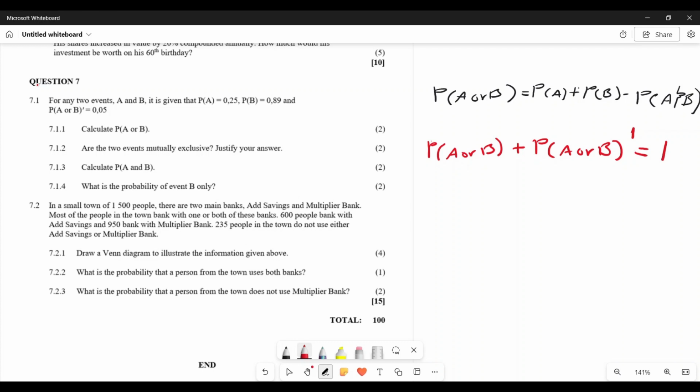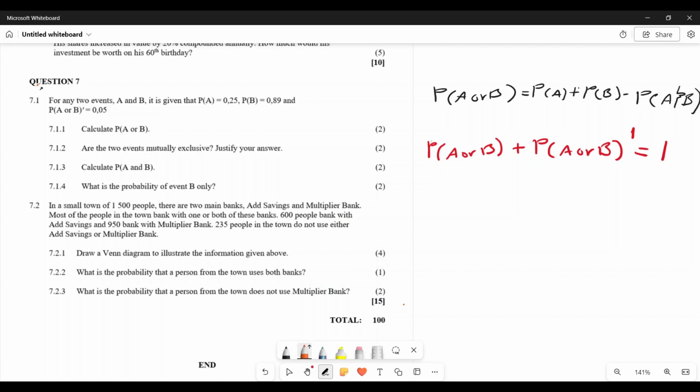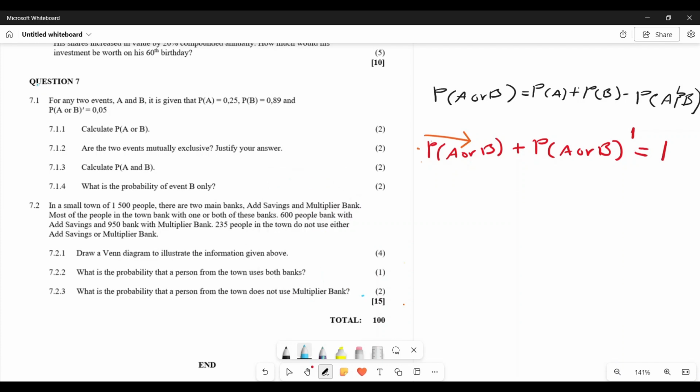So now, making use of these two formulas, we need to calculate the probability of A or B using one of the two formulas. As you can see, the information that I have only allows me to use this formula right over here. So what is my probability of A or B? This is what I'm looking for.